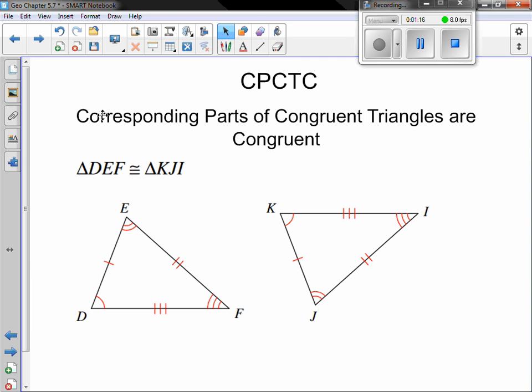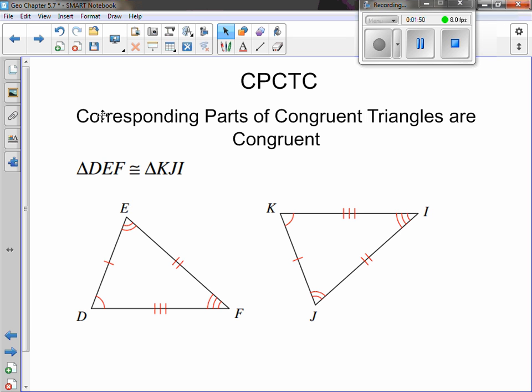Now, what we're looking at today is CPCTC. Now, you need to fix the note sheet because it says congruent, but it should be corresponding. So CPCTC, corresponding parts of congruent triangles are congruent. So once we're able to say that the 2 triangles are congruent, their corresponding parts are congruent also.